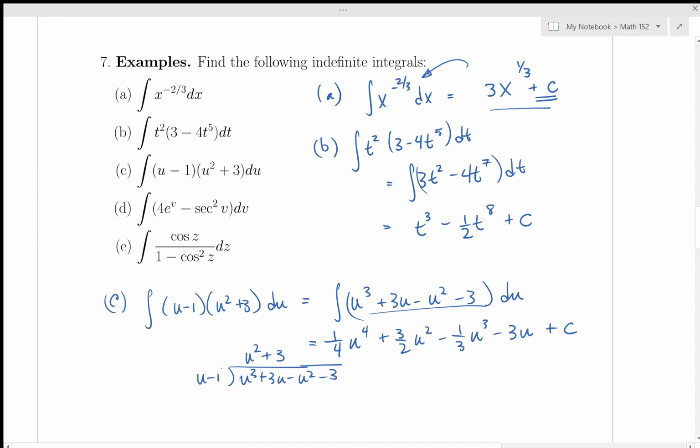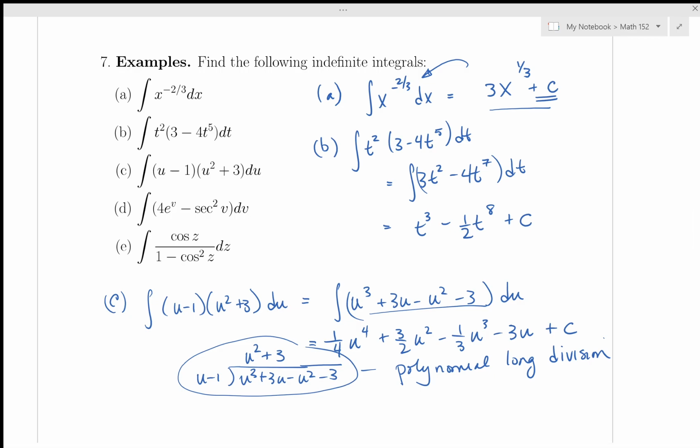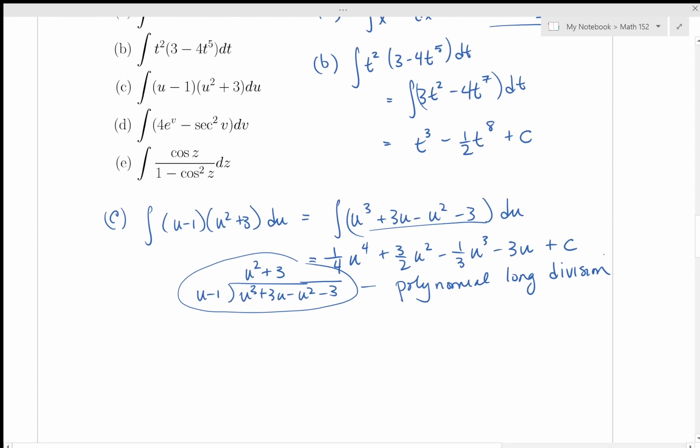If you do not know how to do this, polynomial long division, or you've forgotten or hoped that you would never see it again, let me encourage you to look up how to do that and practice, because we are going to come to an integration technique in a few lectures called partial fractions, and we are going to be wanting to factor polynomials, and one way that we're going to do that is using this polynomial long division. It's a highly useful skill. Make sure that you reclaim that skill if it is not currently in your repertoire.